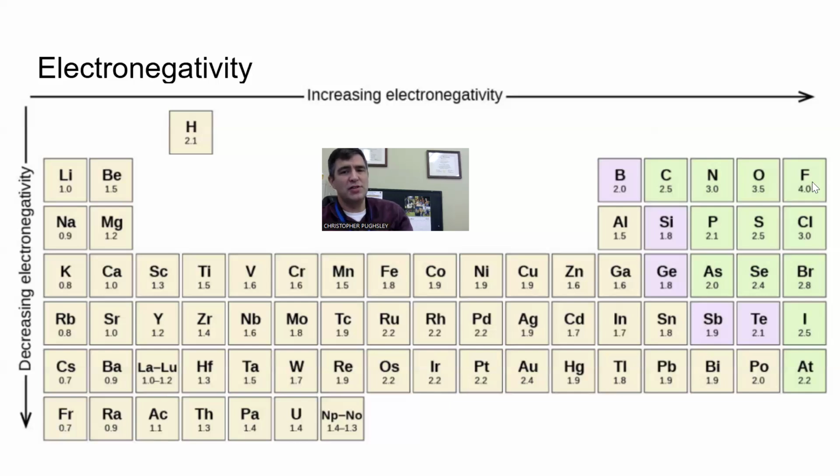And when you're increasing those electrons, they're the same distance from the nucleus, but they're closer to that nucleus, and so that nucleus pulls them a little bit more, and so they have a greater attraction to the electrons when they're in a chemical bond, because again, they're closer to that nucleus.